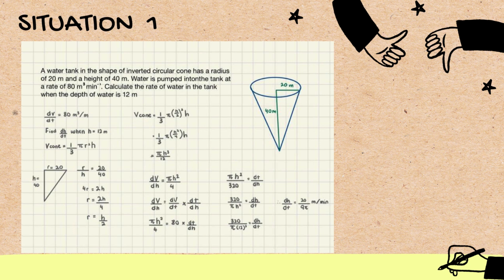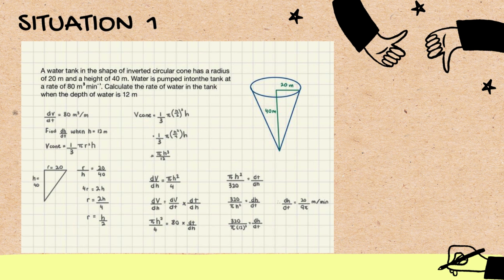Now the question wants us to calculate the rate of water in the tank when the depth of water is 12 meter. If you are wondering why we put dV over dt, it is because the question already states that the rate is 80 meter cube. So we know it's about volume, and volume is V.